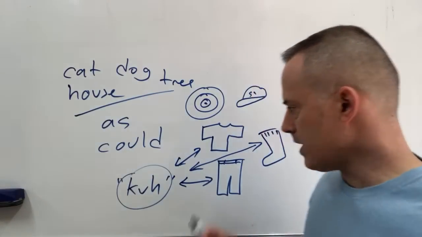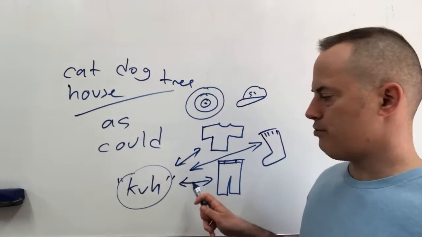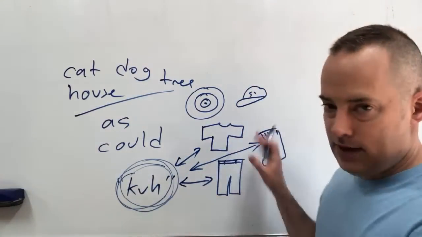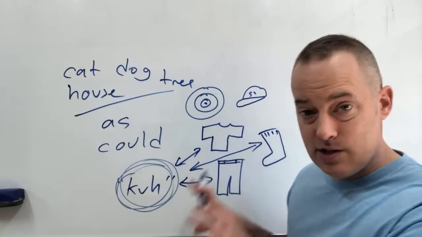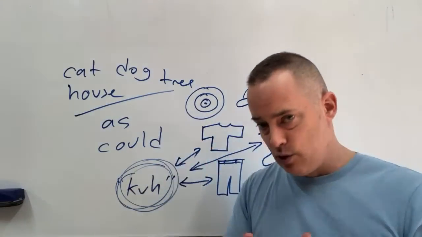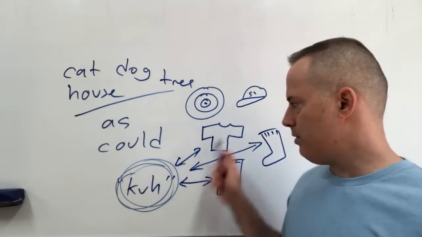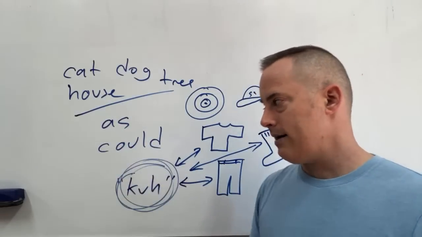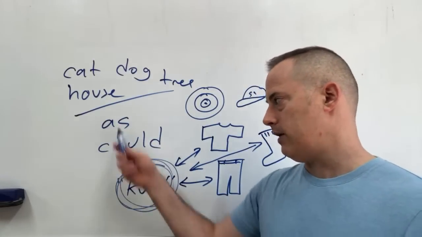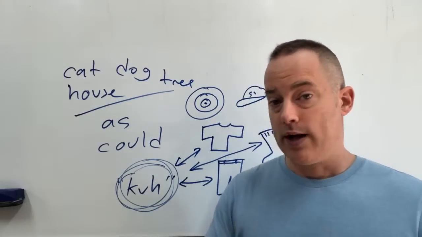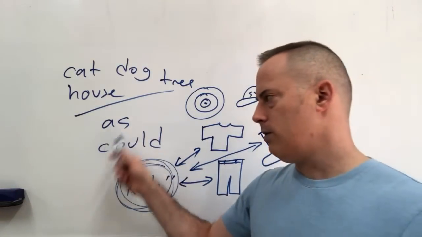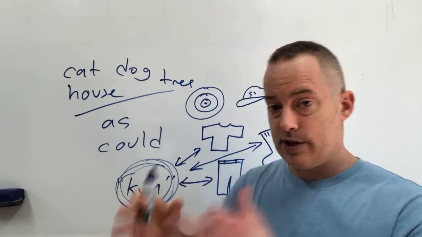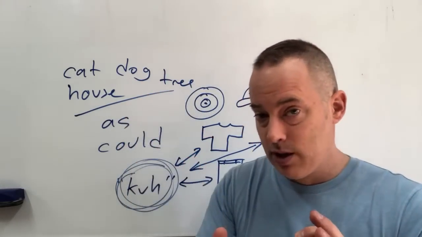All right. So again, what we're doing here is trying to connect a sound or a word with the meaning of that thing by connecting with the situation itself. Now, when I say situation, I could mean a physical thing like a t-shirt or a house, or I could even mean something non-physical, like as or could. But what happens when we have a more difficult or more abstract thing like this is typically we understand it within a larger group of words.